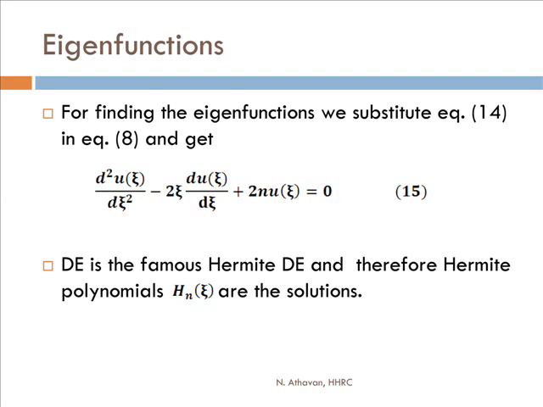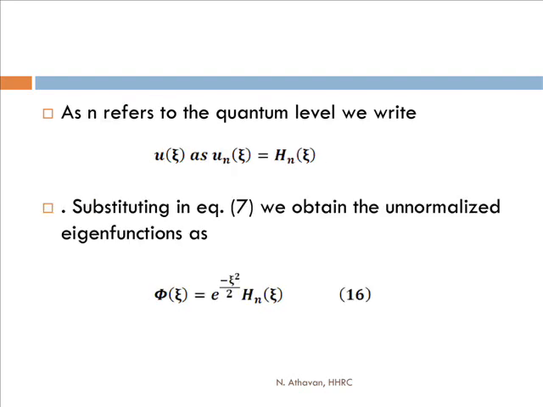Next, our job is to find the eigenfunctions of the problem. For finding the eigenfunctions, we substitute the value of lambda in the differential equation. We get d²u/dz² − 2z du/dz + 2n u of z is equal to 0. This differential equation is looking like the Hermite differential equation.